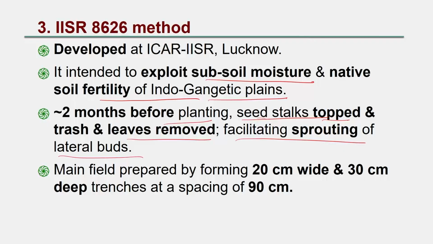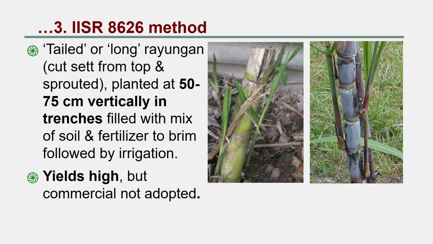The main field is prepared by forming 20 centimeter wide and 30 centimeter deep trenches at a spacing of 90 centimeter. And you are seeing that they were detopped, and you can see the buds have germinated. Buds have germinated on the left side also. So this is IISR 8626.